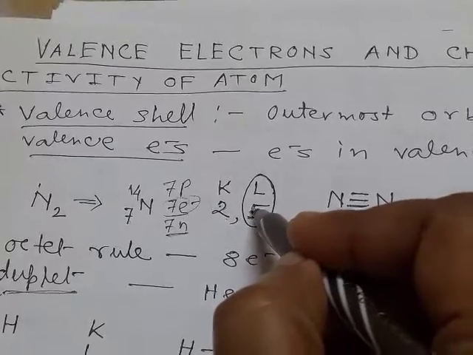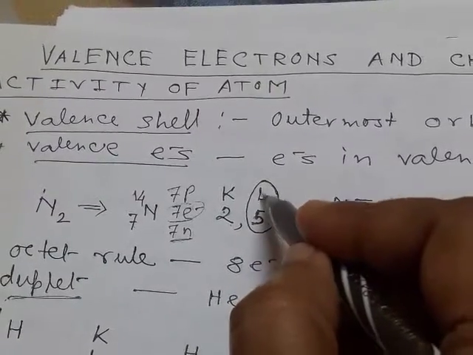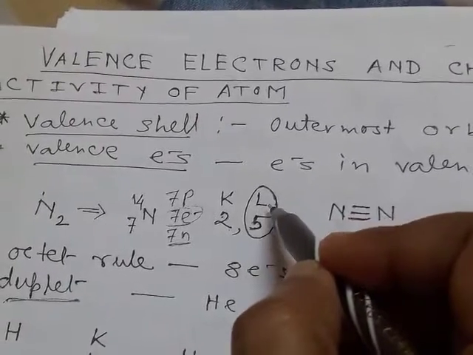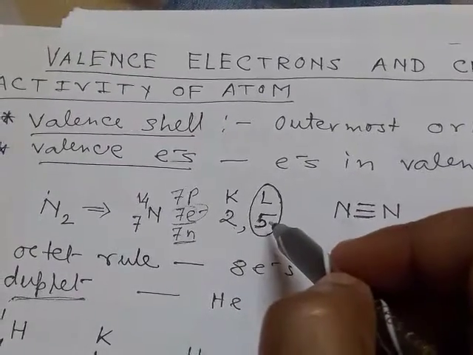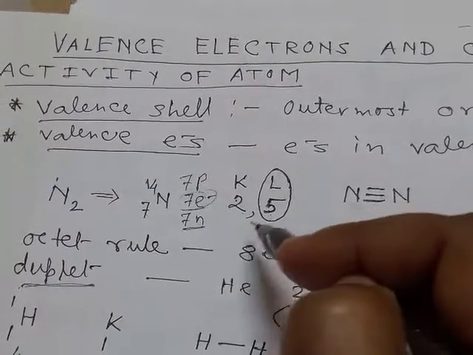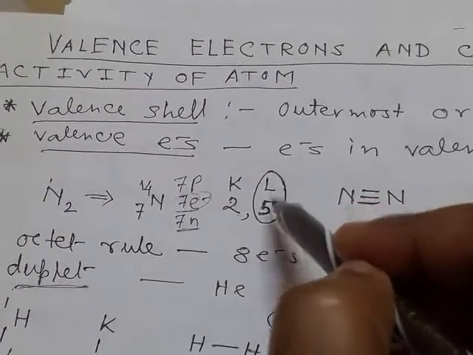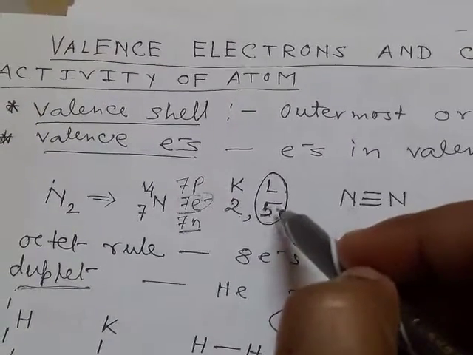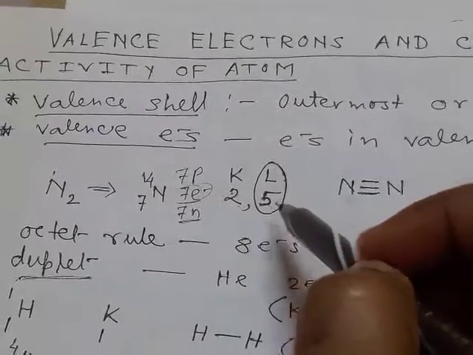As the L shell is the outermost orbit, it is the valence shell for nitrogen, and this valence shell contains 5 electrons. So these 5 electrons are called valence electrons.